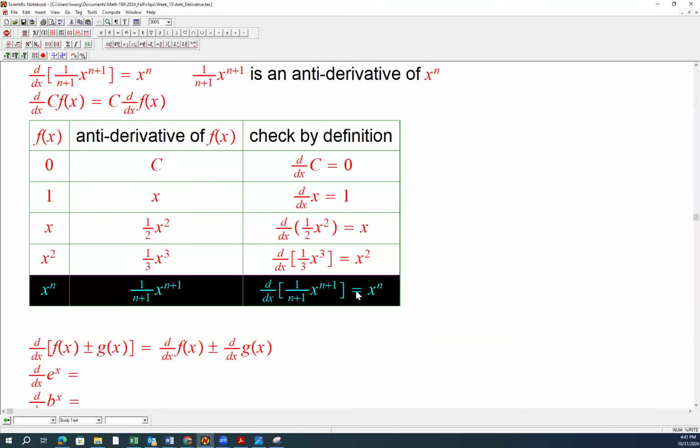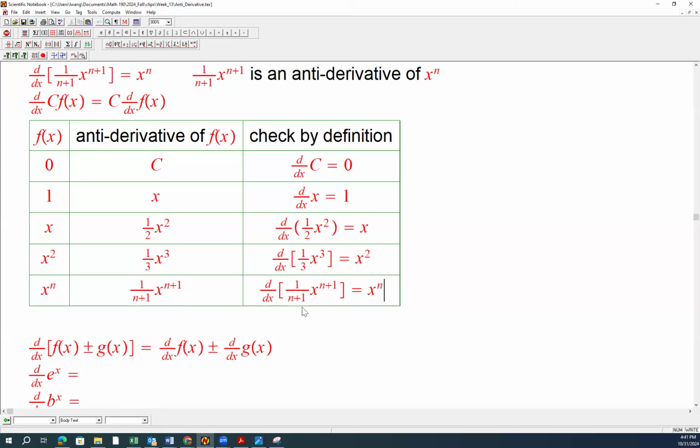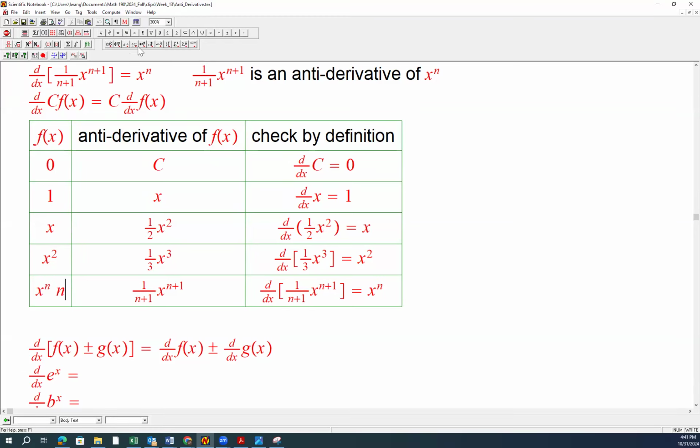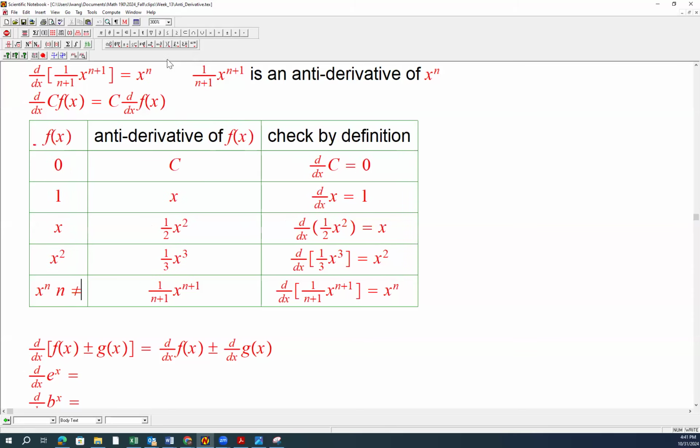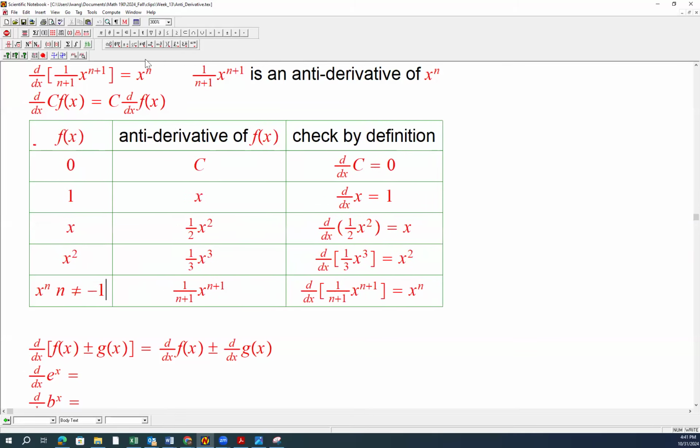The formula x to the n actually covers all of them, but we need to understand n cannot be -1. Why can n not be -1?